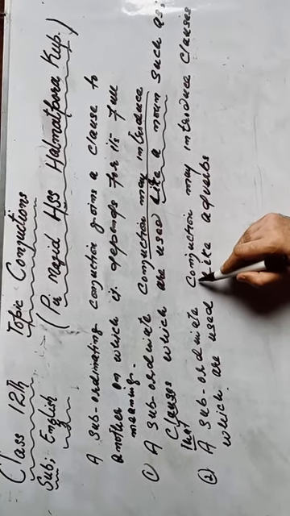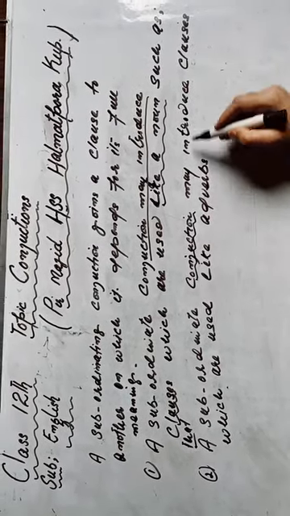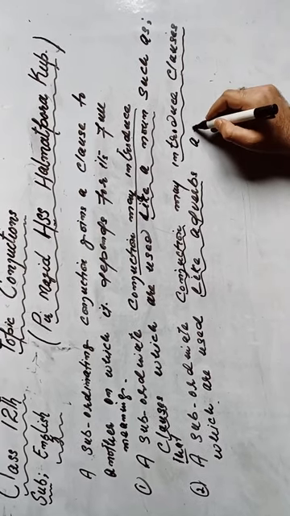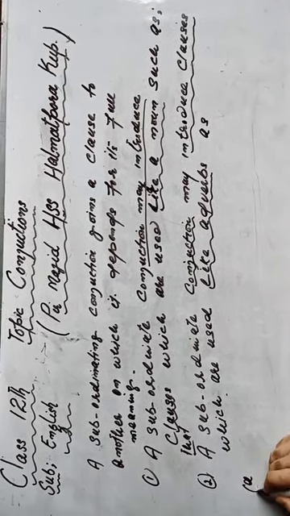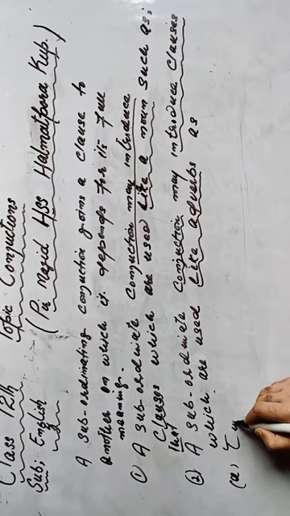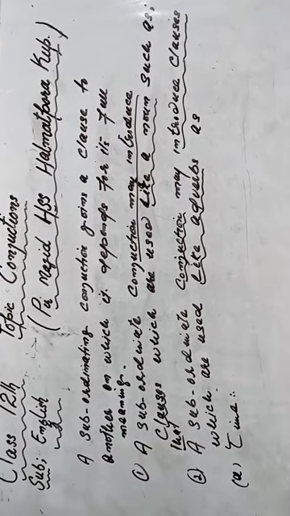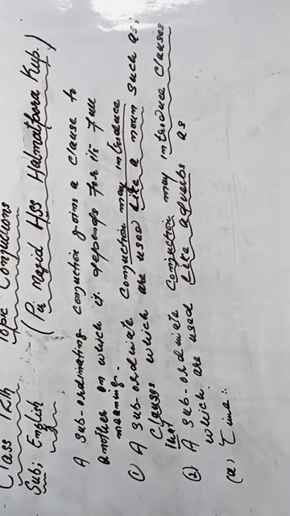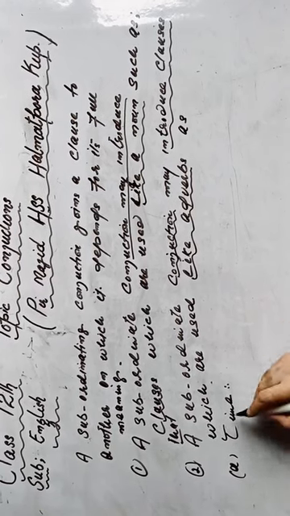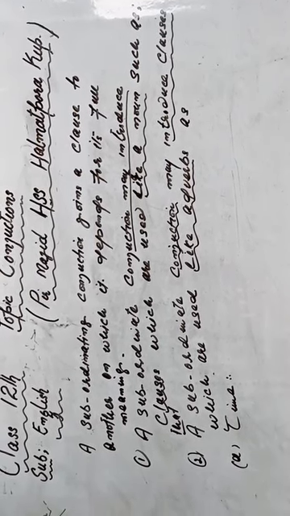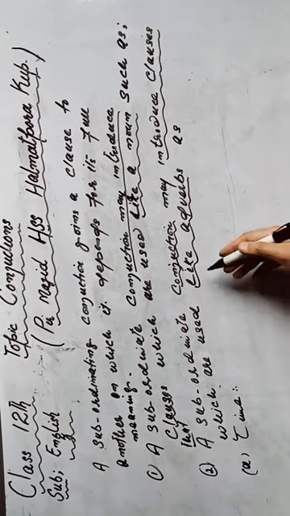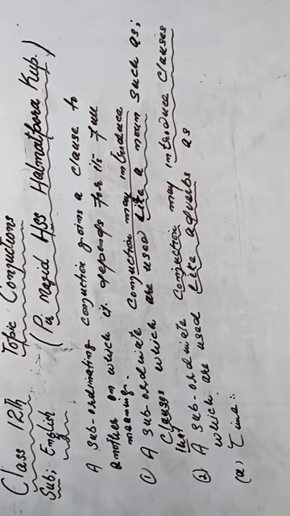You can see here, conjunction may introduce clauses which are used like adverbs, such as time. Here you have time for subordinate conjunction. In the second case, I have taken it when I'm going to use it like adverbs.